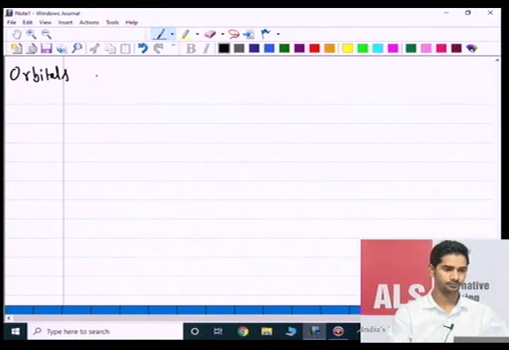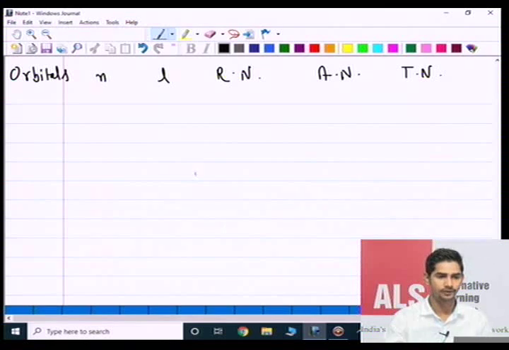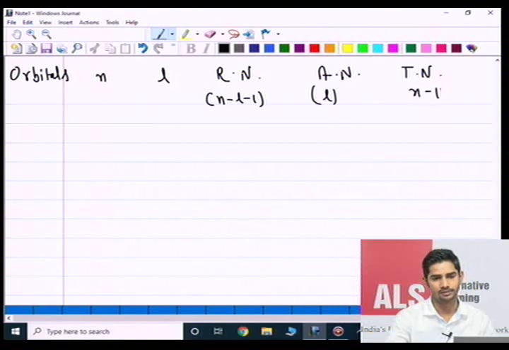Orbitals, n, l, radial node, angular node, then total node. Radial node or spherical node has the same meaning. This is your n minus l minus 1, this is your l, and this is your n minus 1.